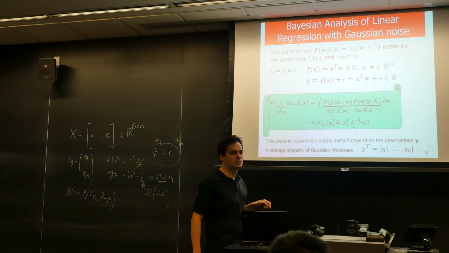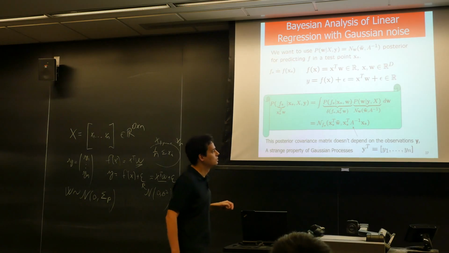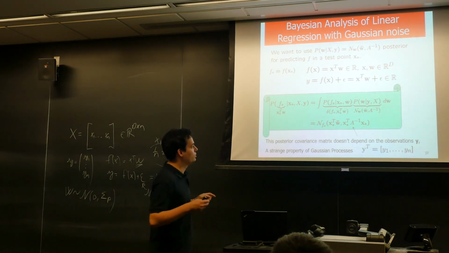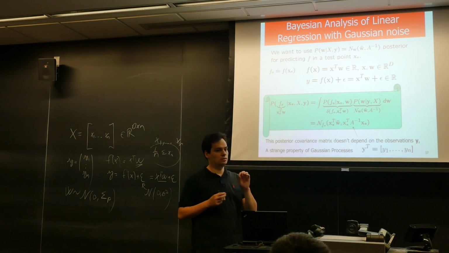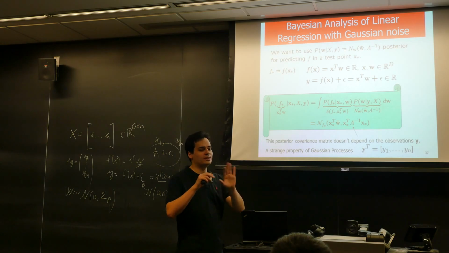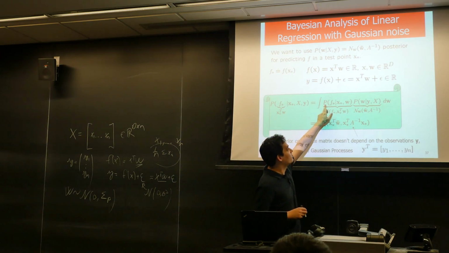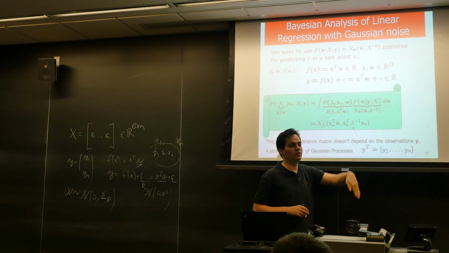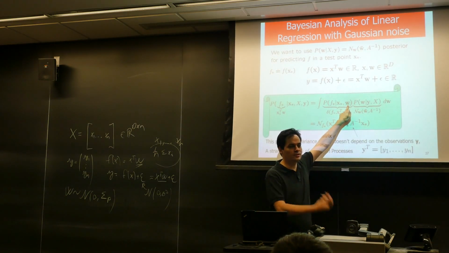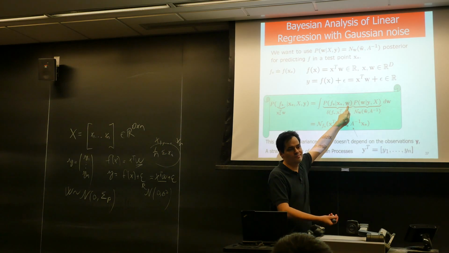So now I've gotten a bit confused. Isn't w a random variable? W, right, so x transpose w will be a random variable in this case. I'm calculating the probability of this given w. So w is given, so it's fixed.